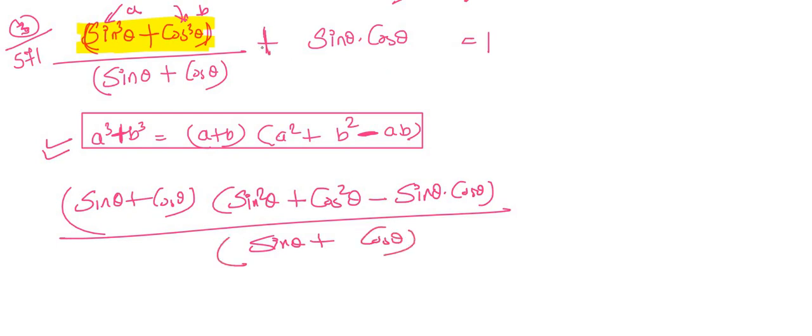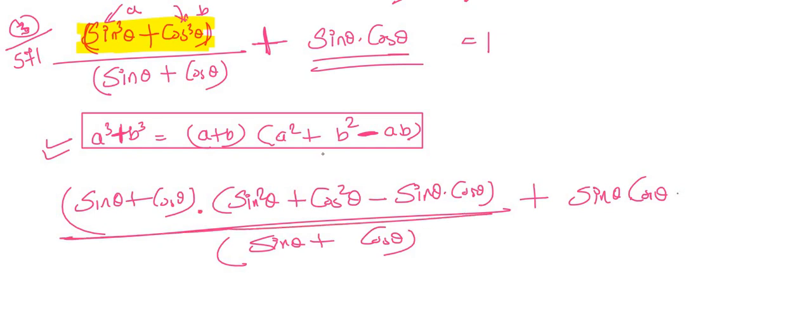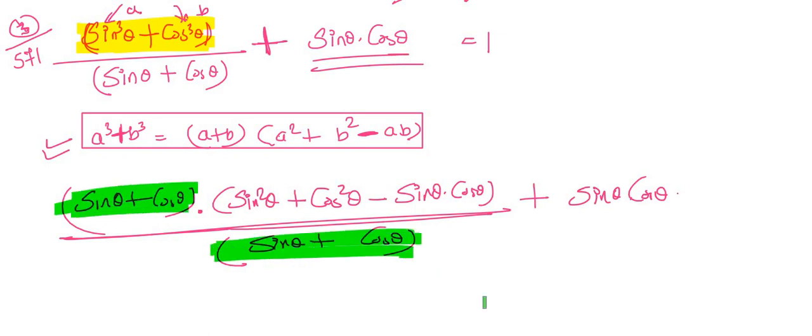And the second part, this is separate, so let me write it here, plus sin theta into cos theta. Okay, is anything cancelling? See, this is into, divided by this. Don't you think these two are matching? Yes, so these two will cancel. So I will cancel these two. What is left over? Let me write it down.